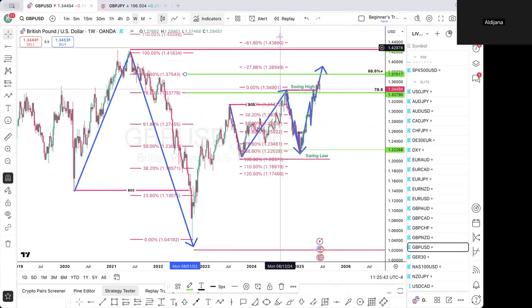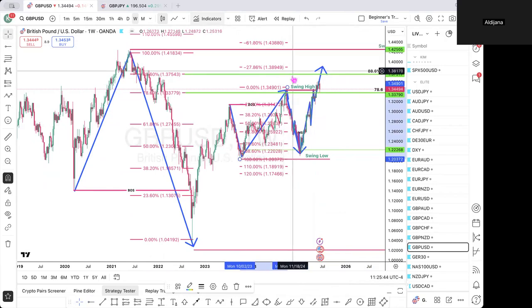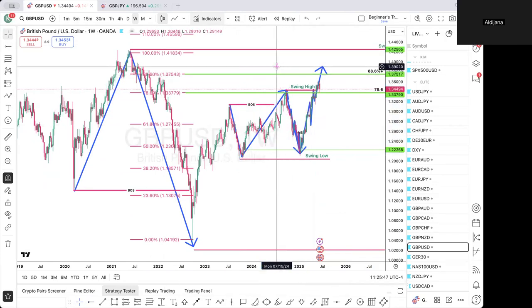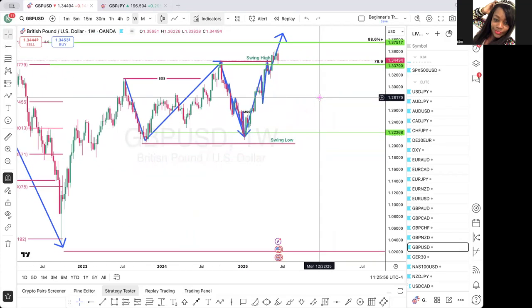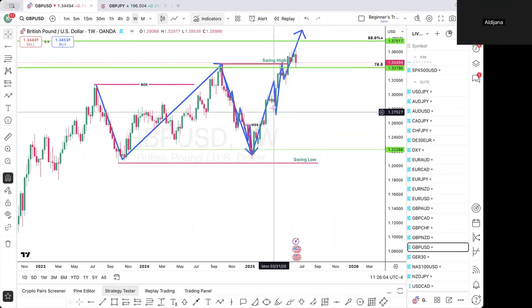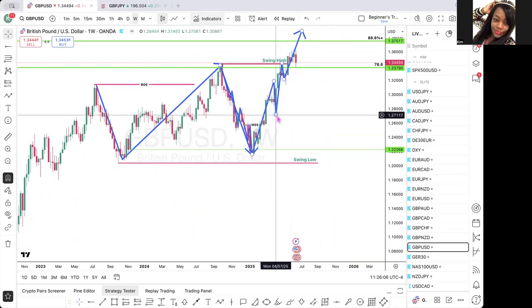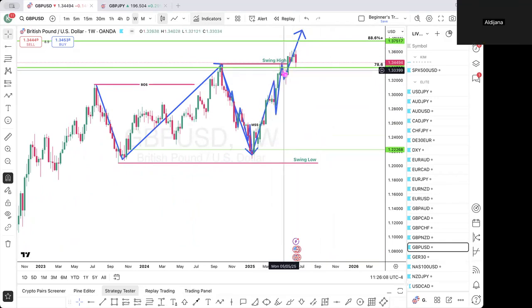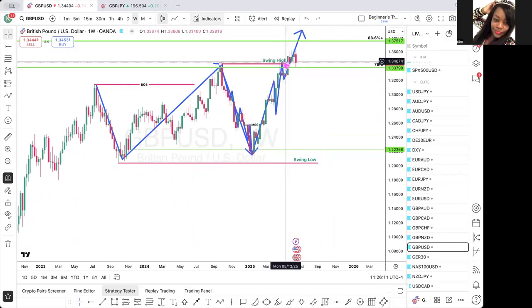Sorry, can I just ask something? Yes. Why is that your preference to mark 88? Because Todd is only saying 78 all the time. Yeah, I just marked both of them because, as you can see right here, price has already hit the 78, right? It did not break the structure. It turned around and broke internal structure, created another structure high. This was a break of structure right here.